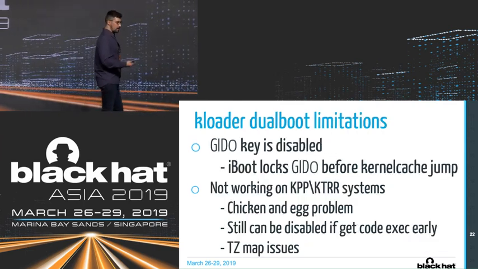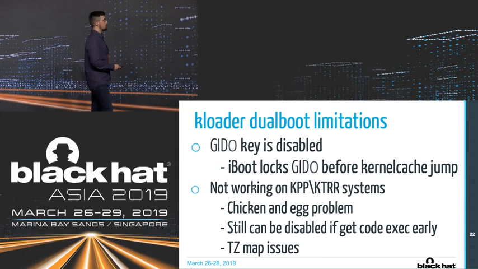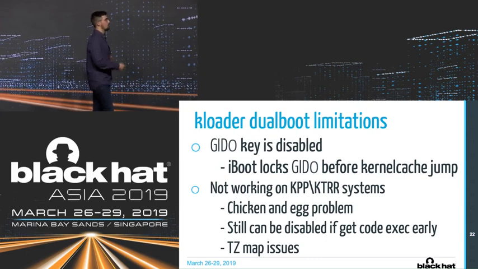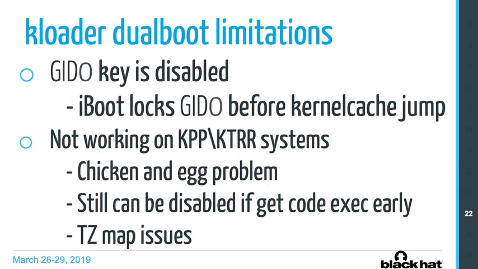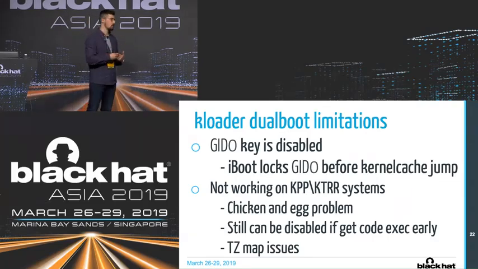So since iOS 9, Apple introduced kernel patch protector, or the KPP, and a more advanced version of it in A10 devices, KTRR, which lock the kernel memory and prevent any write attempts to a kernel memory, which means we cannot really map our new bootloader to a physical memory.